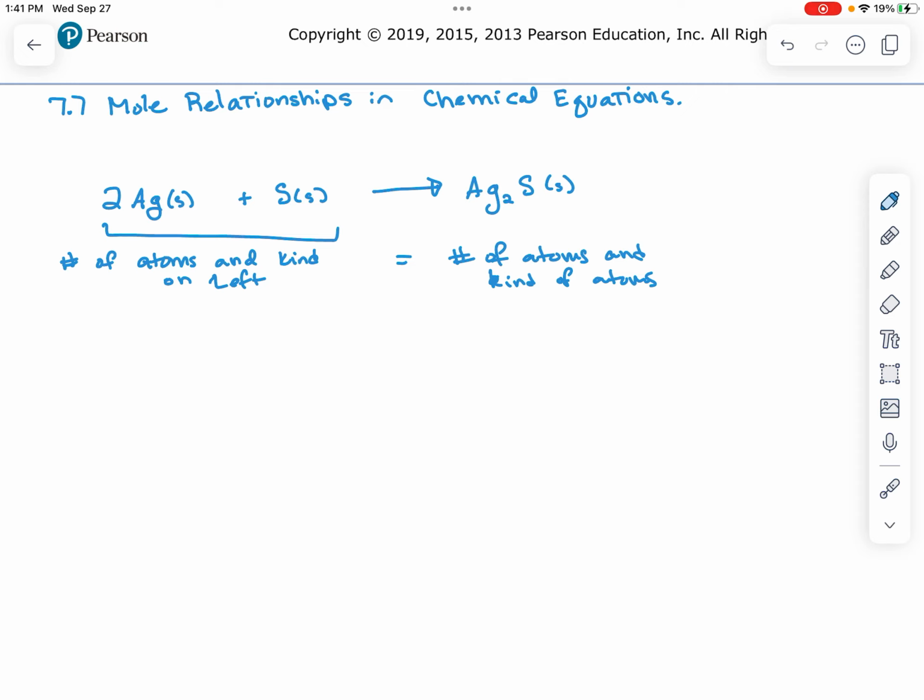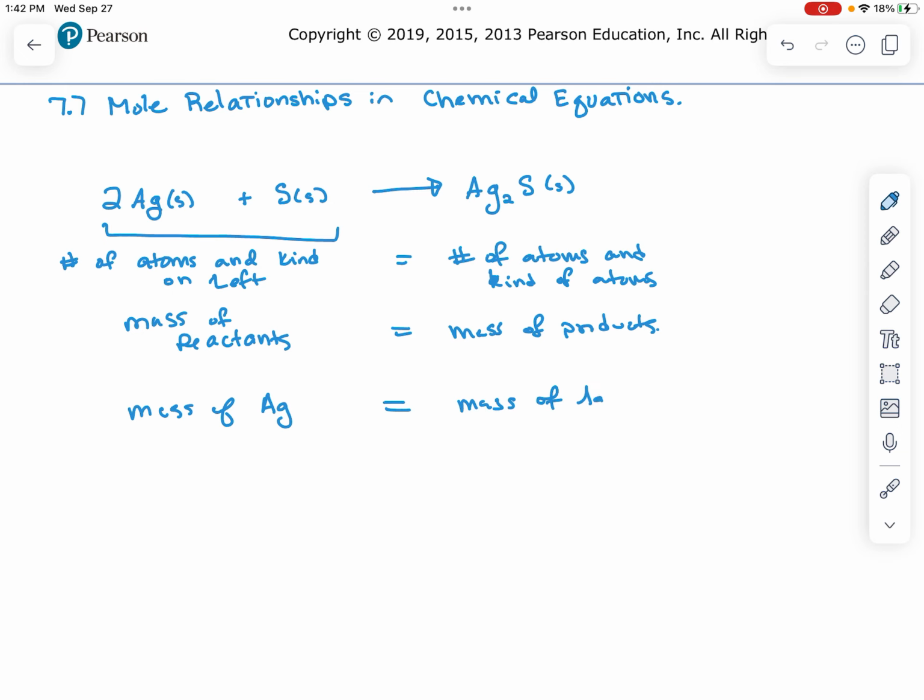And then it would sort of follow that the mass of the reactants is going to be equal to the total mass of products. But what we cannot say is that the mass of silver is equal to the mass of silver sulfide.